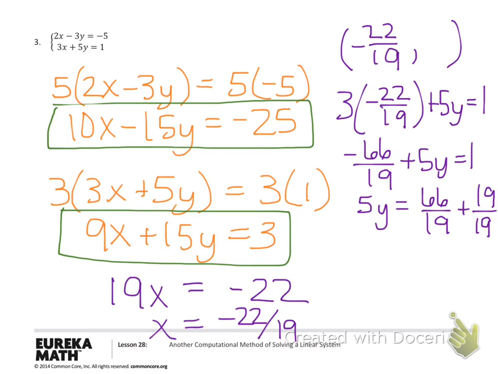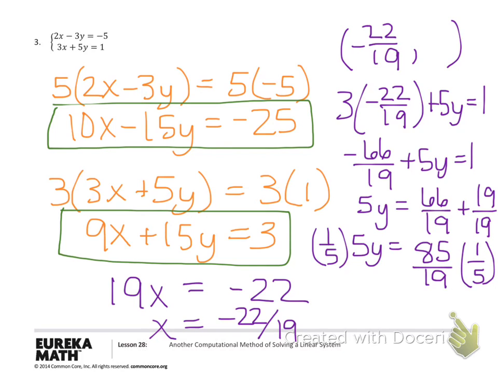And that gives me that 5y is equal to 85 over 19. And now I'm going to multiply by 1/5. And I'm going to get y is equal to, and I want to do 85 divided by 5.